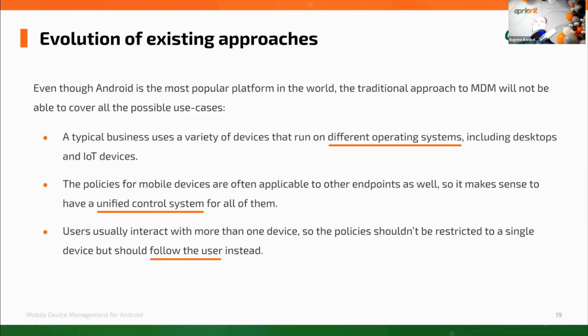The policies we discussed that are applicable to mobile devices, like storage encryption and VPN, are also applicable to most of those devices as well. And the policies are configured not for a specific device, but with the actual user in mind.